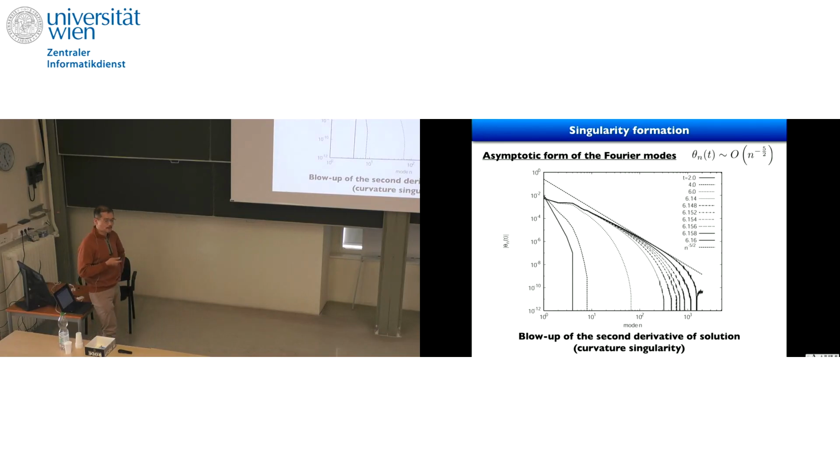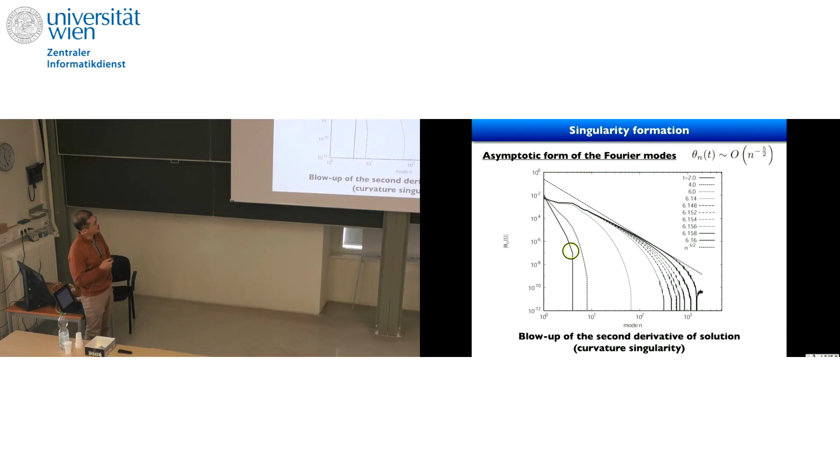Okay, so the Vortex seed problem, in the planar case, is also a very famous example of singularity formation. So we are going to check whether the solution of the Birkhoff-Rott equation gives a finite time singularity. This is an evolution of the Fourier modes of the spectra from time 2.2 to 6.16.